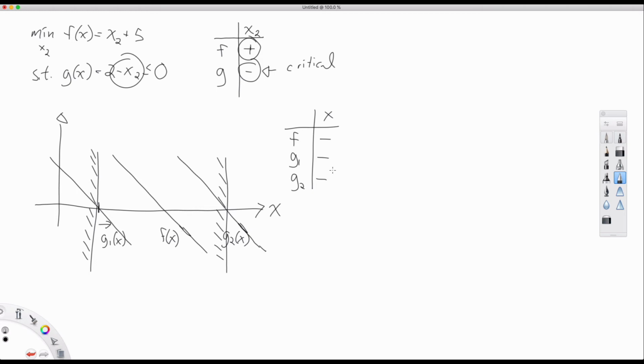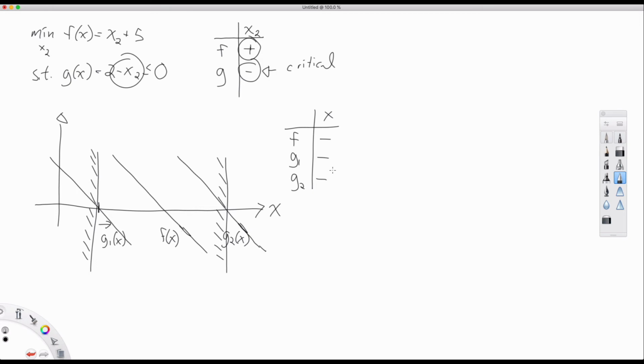Remember, if all of the functions are always decreasing or always increasing, then the problem is not well constrained. There is not a constraint that is capable of bounding f.